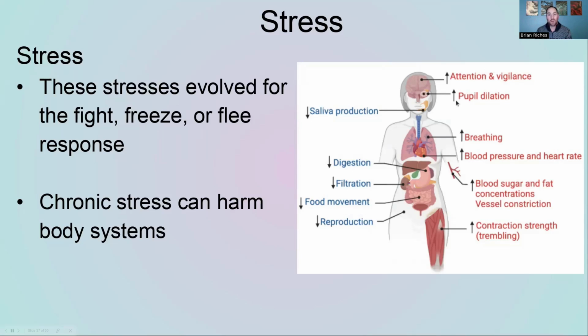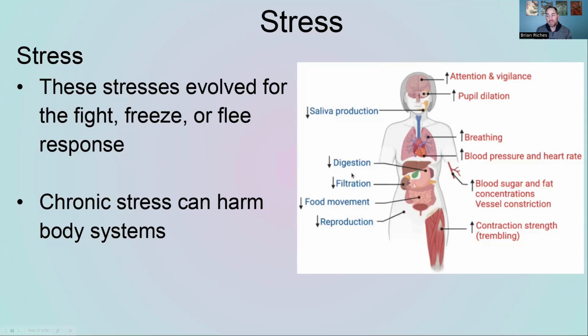Pupil dilation, so your eyes getting more ready. Part of that is from the nervous system, also talking to the hormone system of your body through the pituitary gland. Decreased saliva production, increased breathing, increased heart rate and blood pressure to get more nutrients around in case you do have to fight or run.